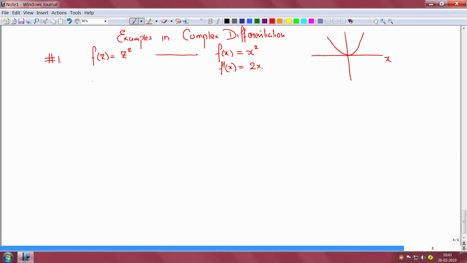So, let us use the definition we have given above, limit delta z tending to 0 delta w by delta z is equal to limit delta z tending to 0 of z plus delta z whole square minus z square divided by delta z.